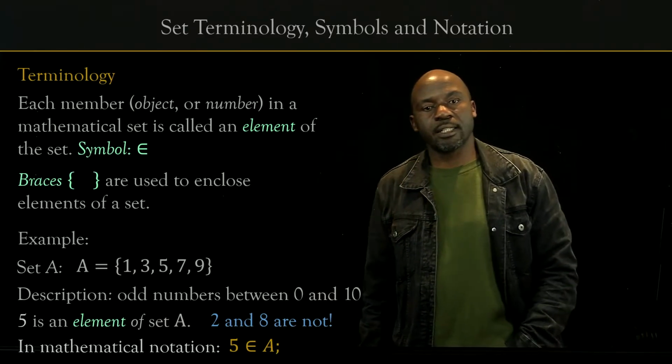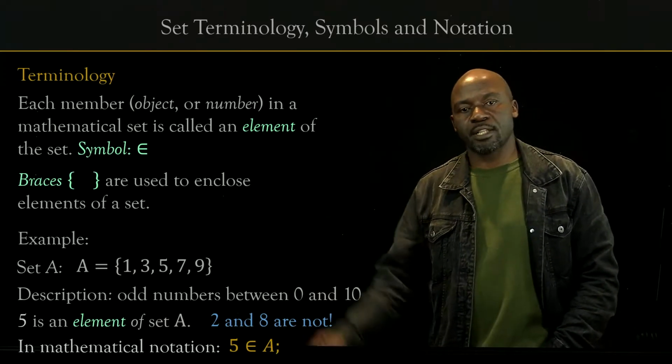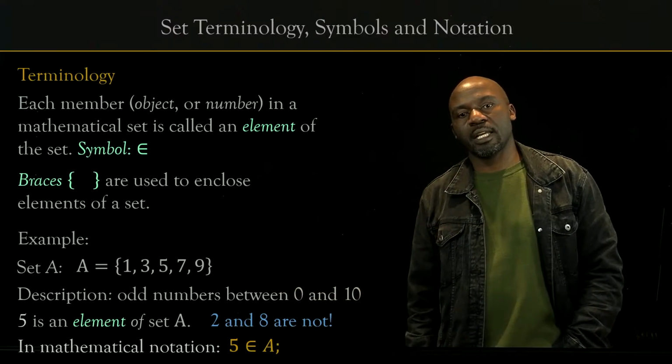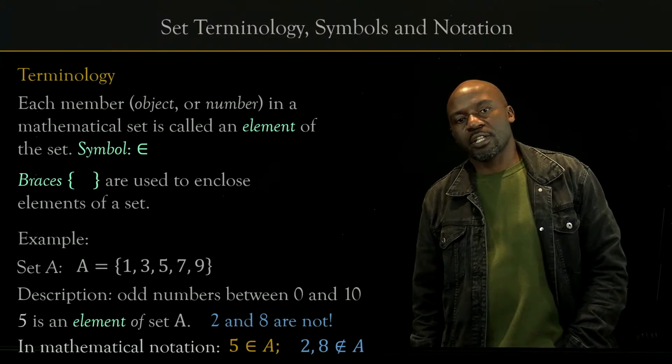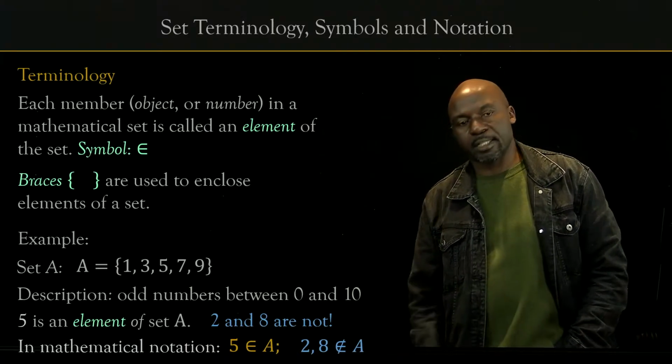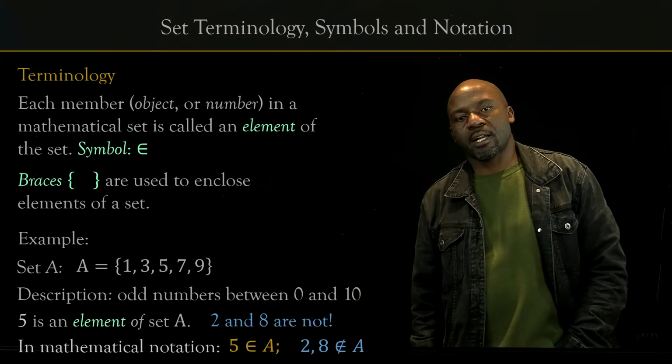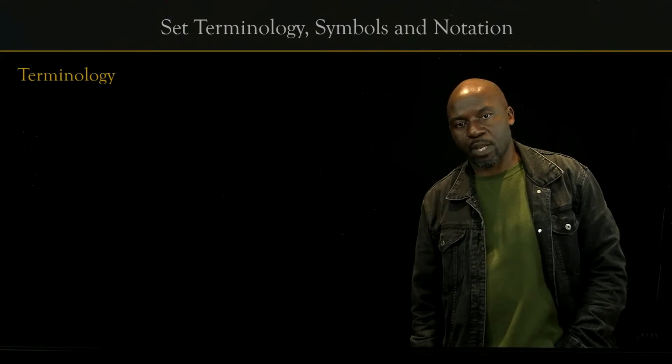On the other hand, how do we show that an element such as 2 is not in the set A? We write 2 and 8 are not elements. So that line indicates that 2 and 8 are not elements of set A. Okay?